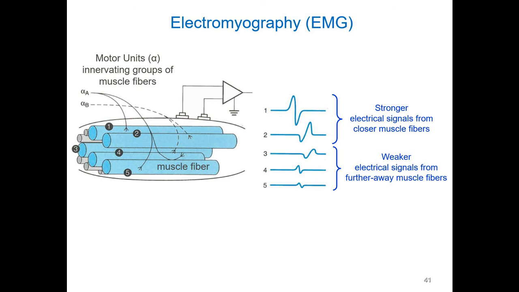Even though the electrical activity propagating down each of these muscle fibers should be the same, the EMG will measure the electrical signal that is generated by the muscle fibers that are closest to the electrodes as being much stronger than the signals from the muscle fibers that are further away from the electrodes.